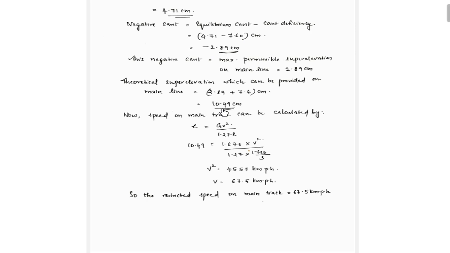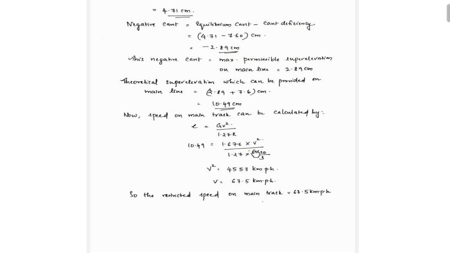So once you have got the theoretical super elevation, now you can find out the speed of the main track. That is the maximum permissible or the restricted speed on the main track from the equation E is equal to GV square by 1.27 R. Okay. In the question it is given that the radius can be found out by putting a value of 3 degree because it is a 3 degree curve for the main track.